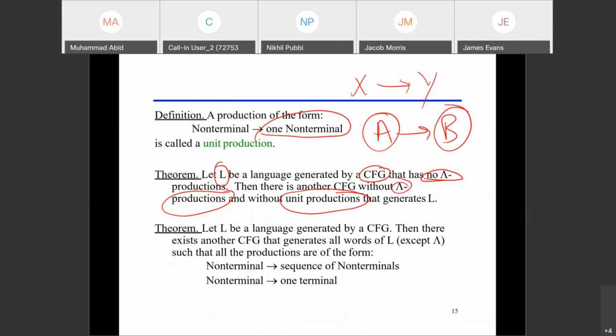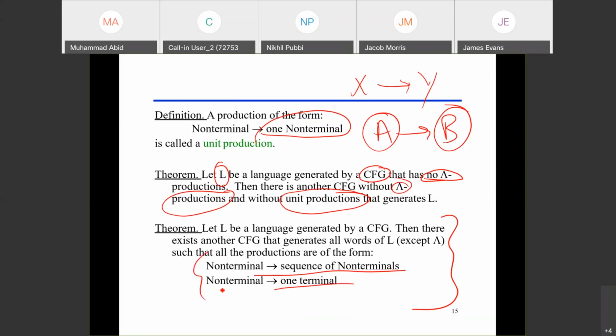Unit production is not doing anything other than increasing the resources and computational cost. It's not beneficial. So it is not doing anything. So now what I just explained to you is written here. So we have: let L be a language generated by CFG, then there exists another CFG that generates all the words of L except lambda such that all the productions are of the form sequence of non-terminals and exactly one terminal.